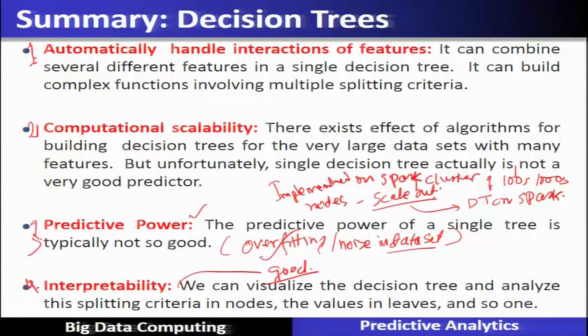Once a decision tree is built, we can understand the intricacies of the data with the help of the decision tree rules, and we can also analyze the splitting criteria on the nodes and the values on the leaves. They basically give the predictions on a new data set by tree traversal in decision trees.